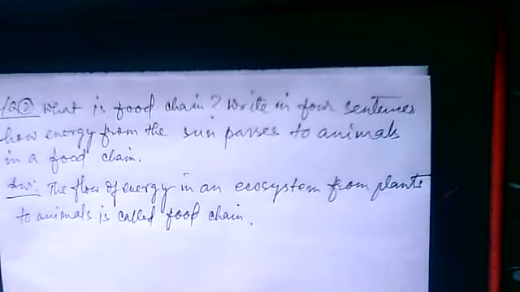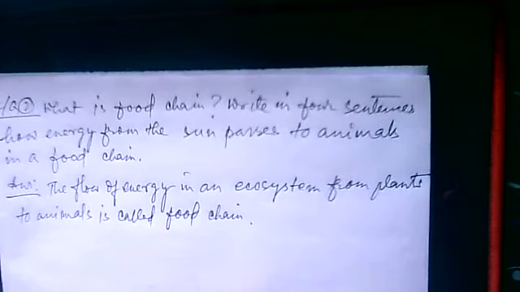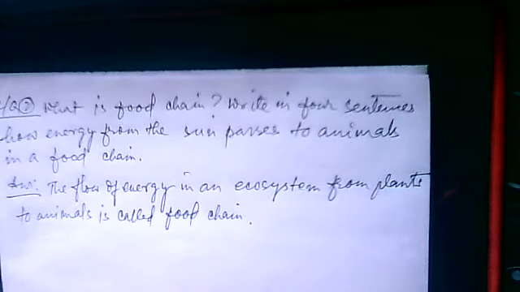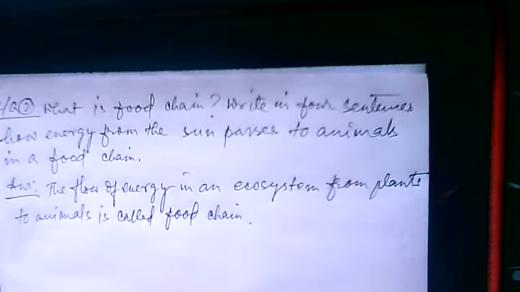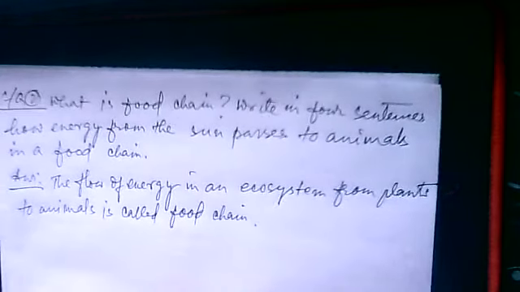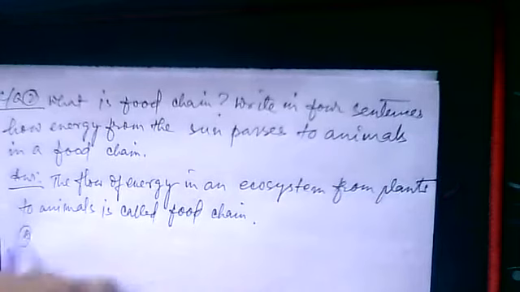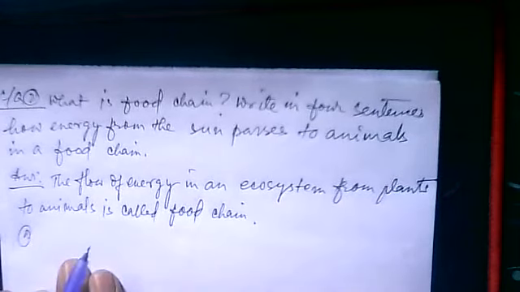So it is your freedom, your right to answer as correctly as possible with your knowledge, with your idea, what you have acquired.